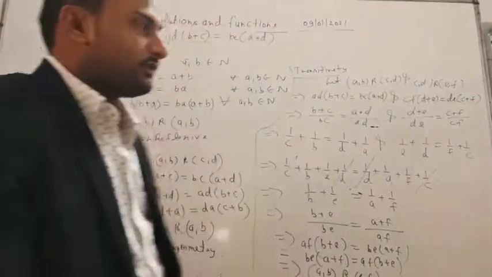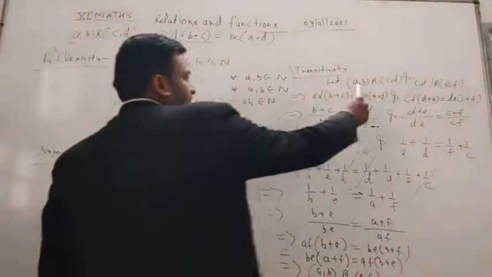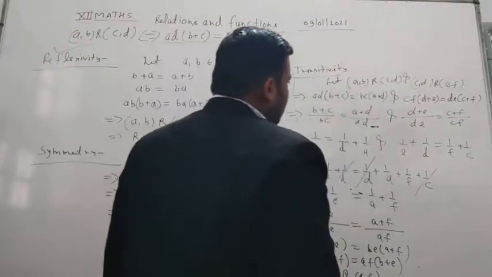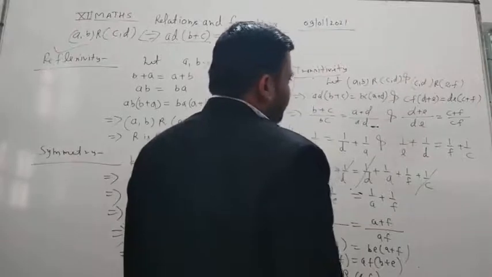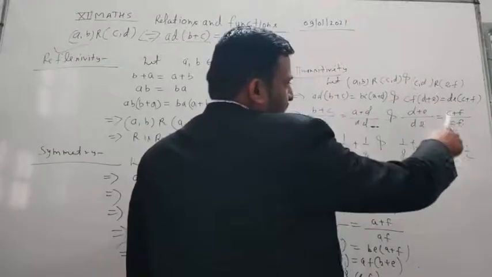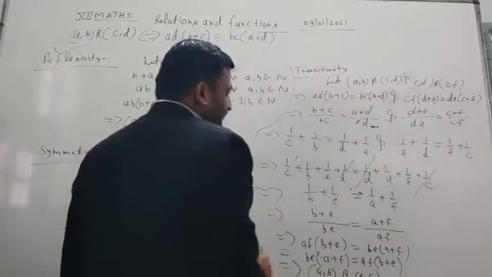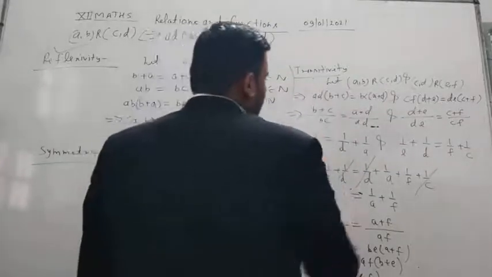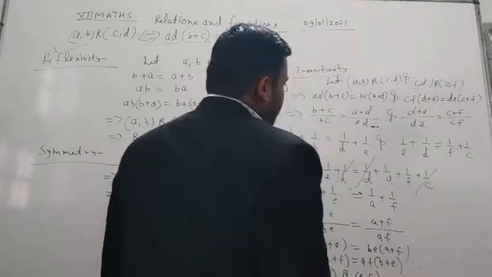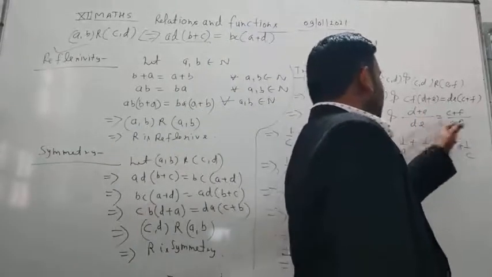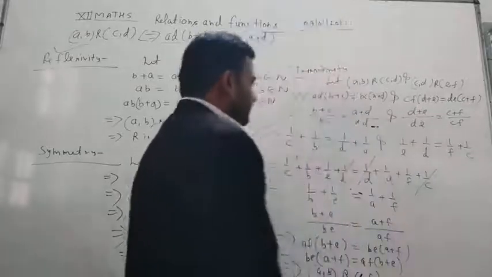Okay, student. So we write AB related to CD. It means that AD(B plus C) is equal to BC(A plus D), and CF(D plus E) is equal to DE(C plus F). This implies (B plus C) by BC is equal to (A plus D) by AD, and (D plus E) by DE is equal to (C plus F) by CF.